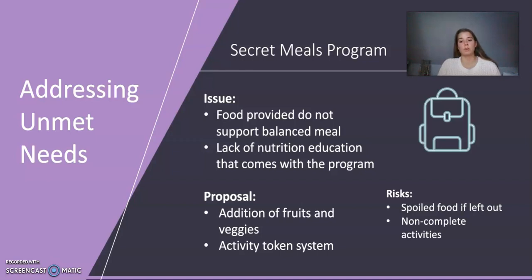The risks with this would be that the food would spoil, but hopefully students will eat these fruits and vegetables before they spoil. And there should be an activity program or system where you have to complete an activity before you receive your next backpack.